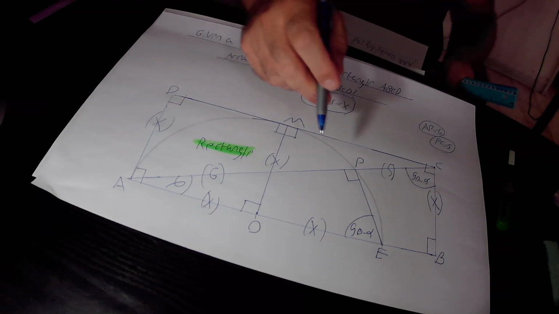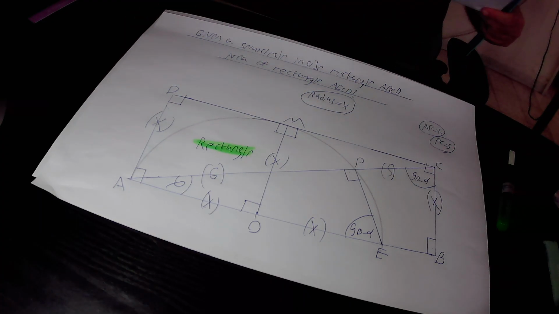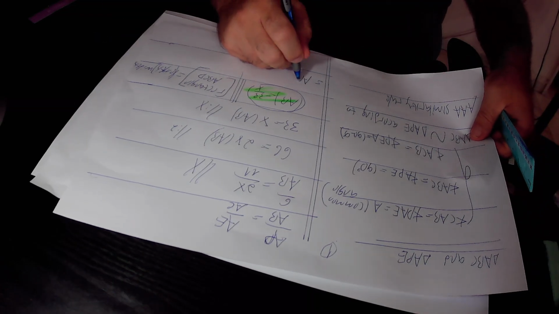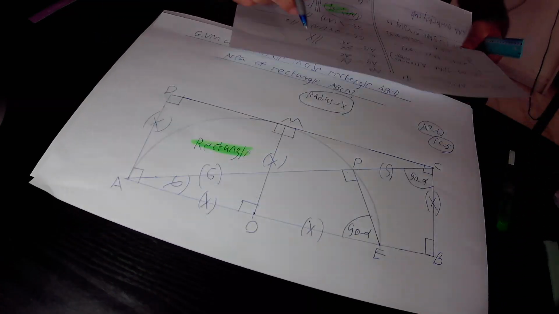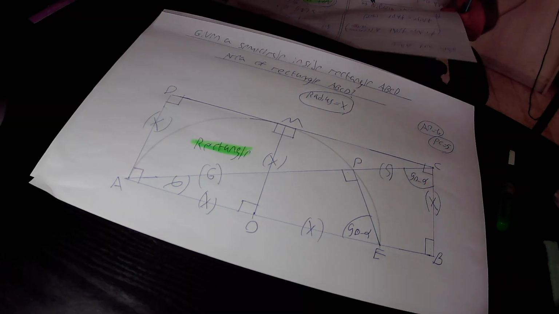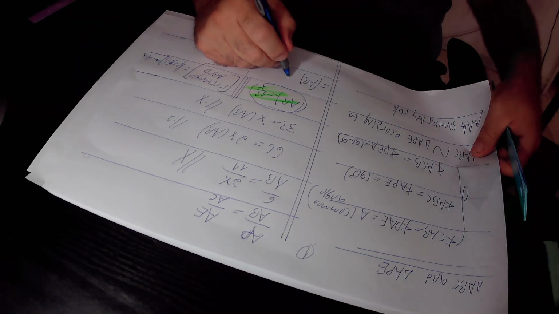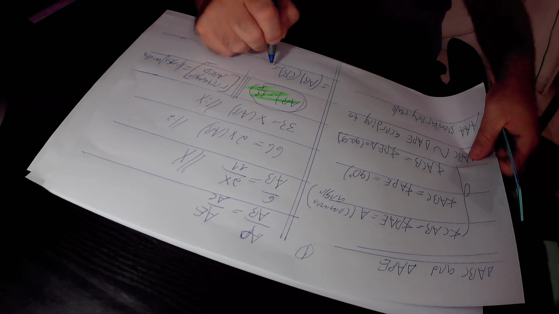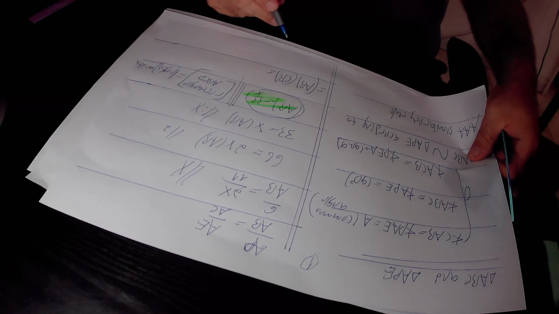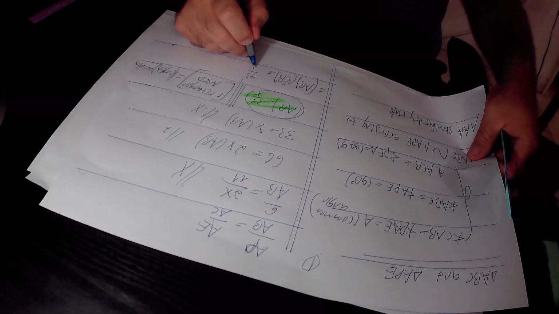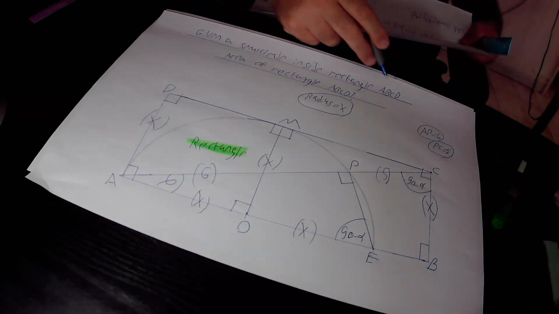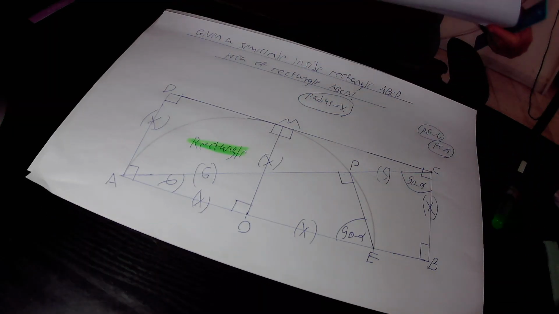The length of this rectangle ABCD is AB, and the width is CB. AB equals 33 over x, and CB equals x.